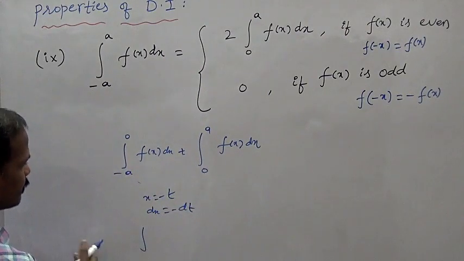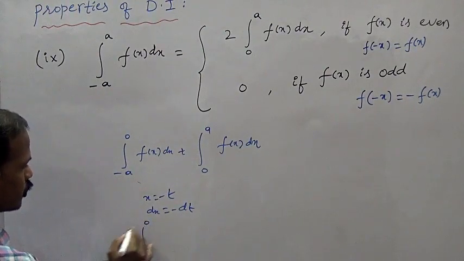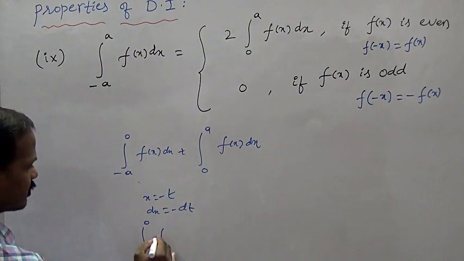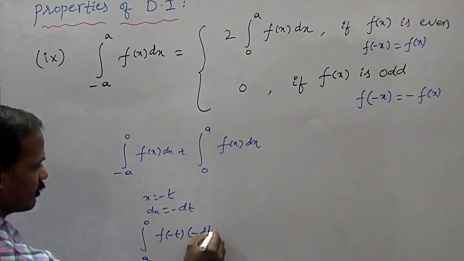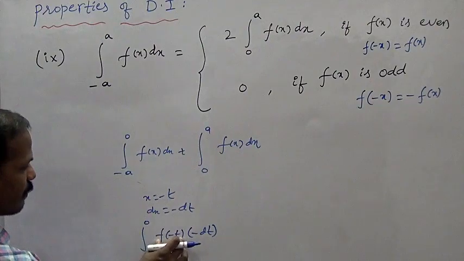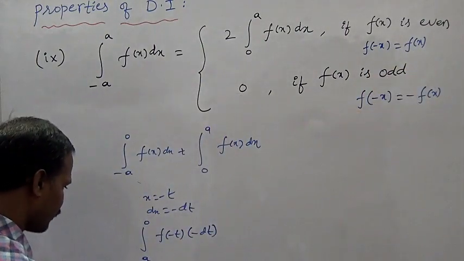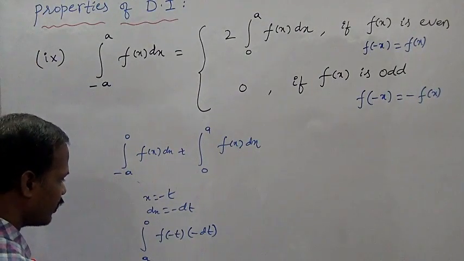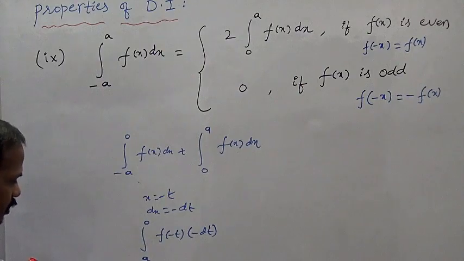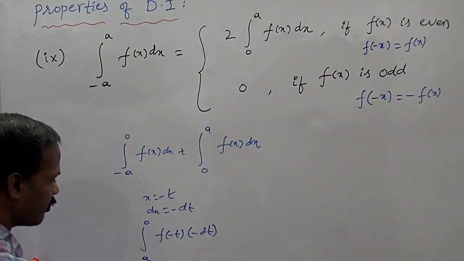Then x equal to minus a means t is a, and x equal to 0 means t is 0. This is f of minus t, and what is dx? Minus dt. Now f of minus t, f of minus x equal to f of x, so this is minus integral a to 0 f of t dt. By interchanging limits, this will convert to integral 0 to a f of t dt.